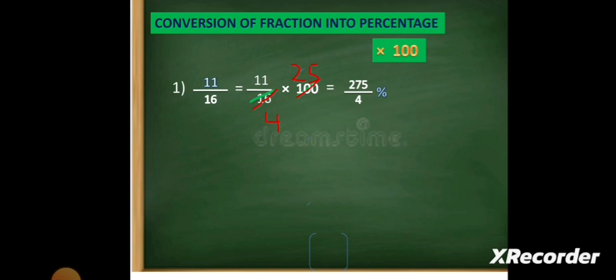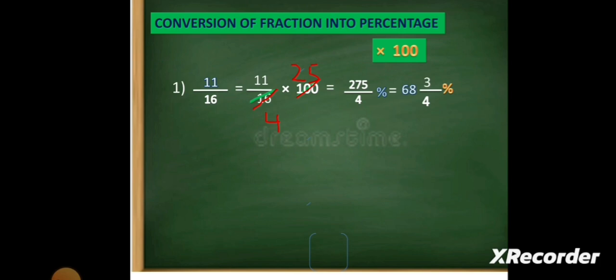I am changing it into mixed fraction. So we will get it as 68 3 upon 4%. Here, percent sign is very important.